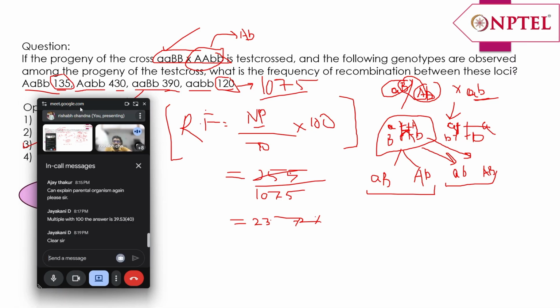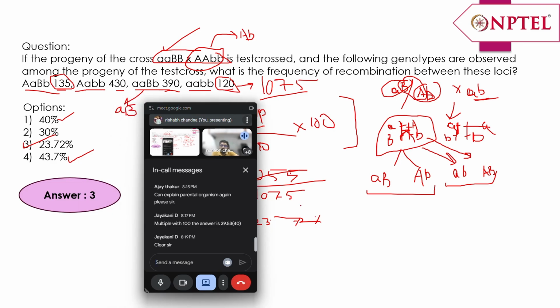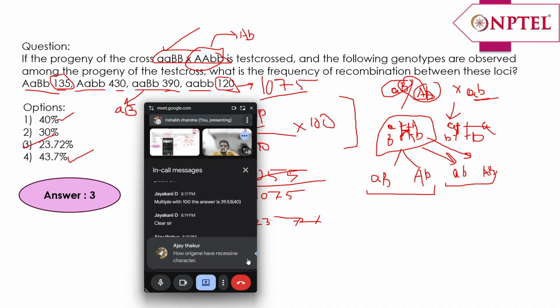Because if we divide 255 by 1075, that would yield us around 23%, if we multiply it by 100. Can you please be clear about the question? I'm not getting it.